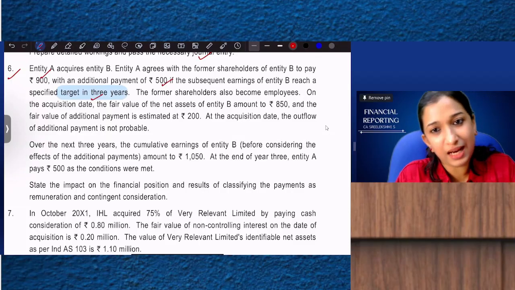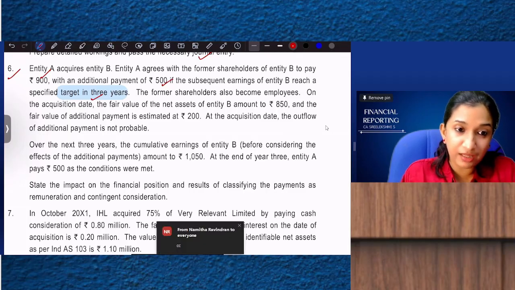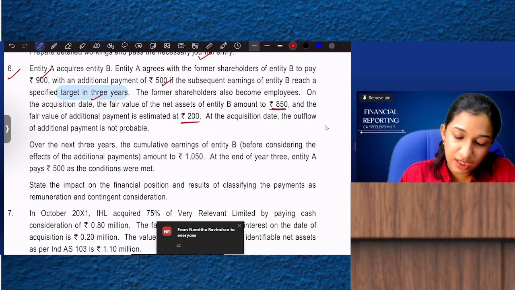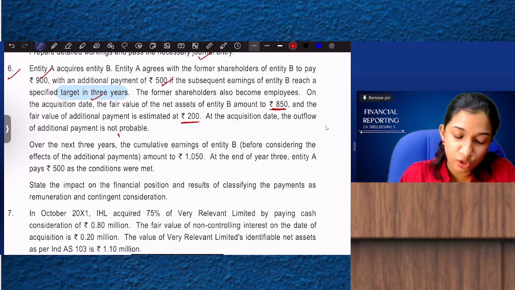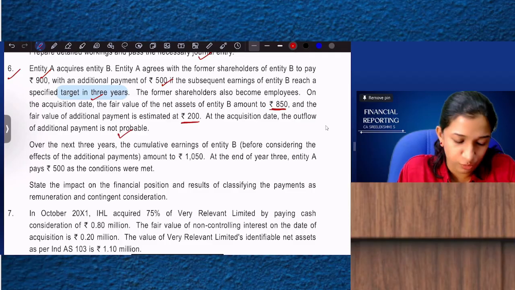So that is contingent consideration. The former shareholders also become employees. On the acquisition date, the fair value of net assets is 850 and the fair value of additional payment is estimated to be 200. At the acquisition date, the outflow of additional payment is not probable. Even if it is not probable, you should measure it at fair value.